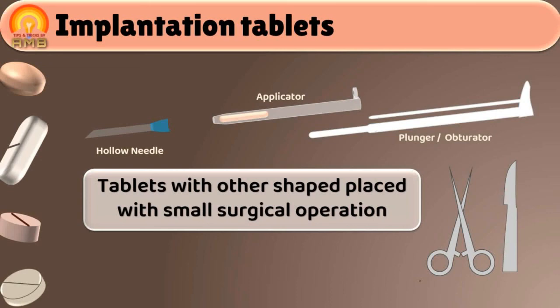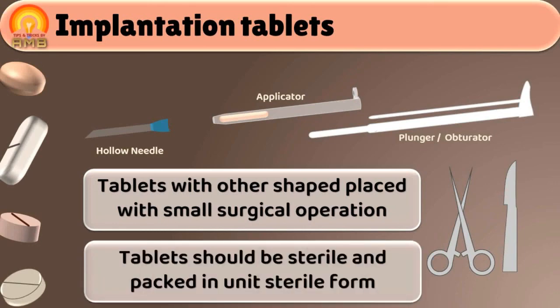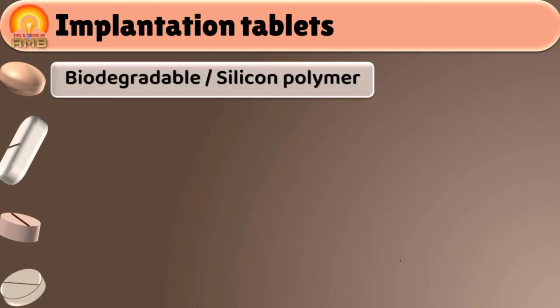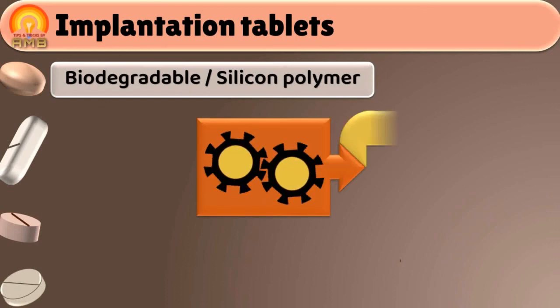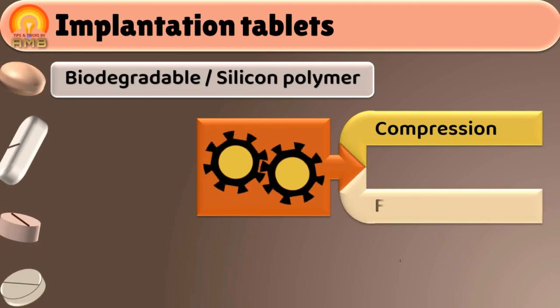As these tablets are placed below skin, these should be sterile in nature and should be packed individually in sterile conditions. These tablets are formulated with biodegradable polymer or silicone polymer by compression or fusion method.